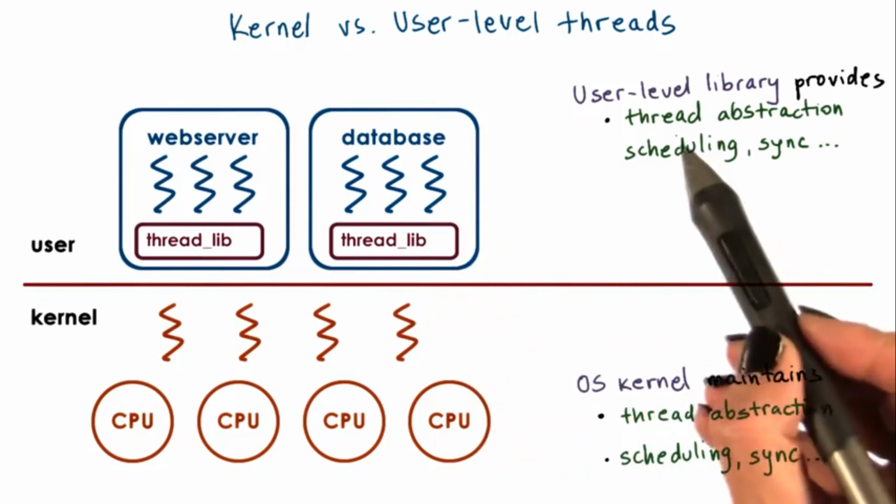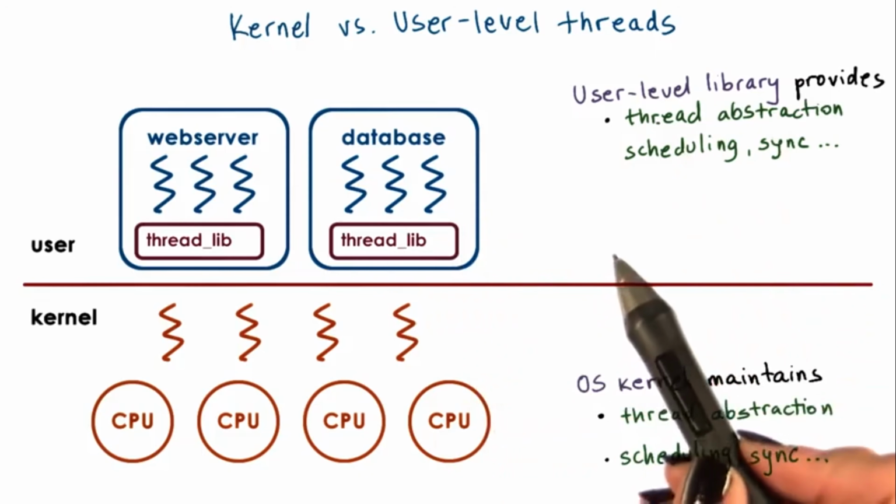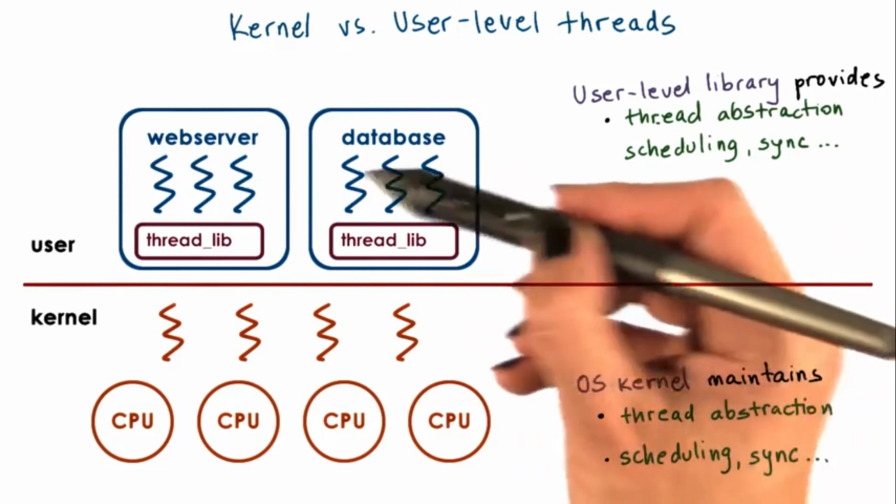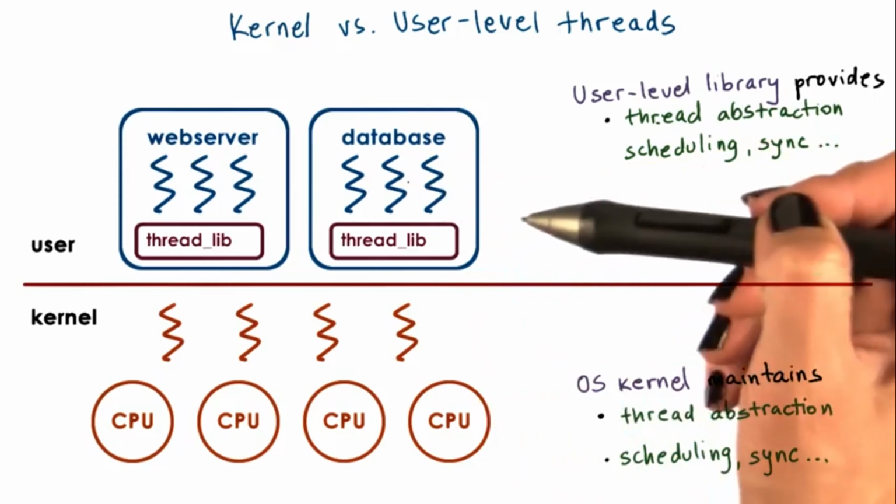It will support a data structure that's needed to implement the thread abstraction and provide all the scheduling, synchronization, and other mechanisms that are needed to make resource management decisions for these threads.